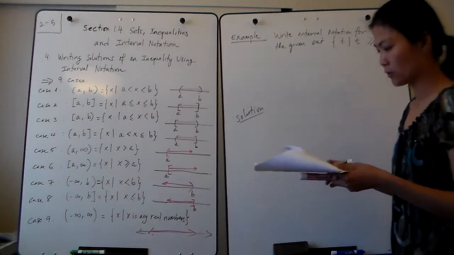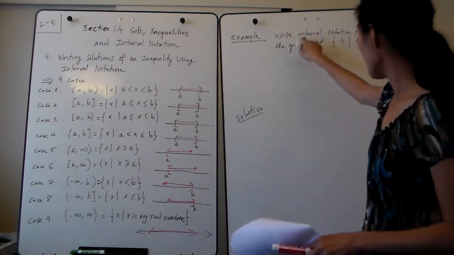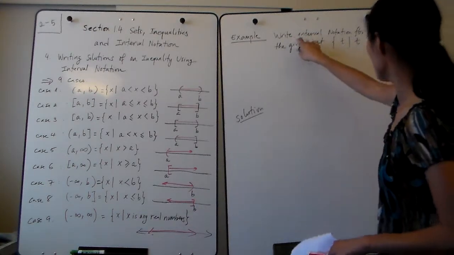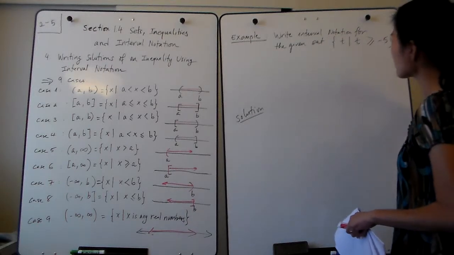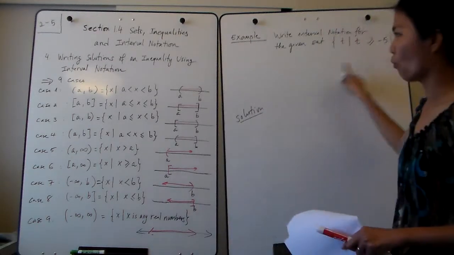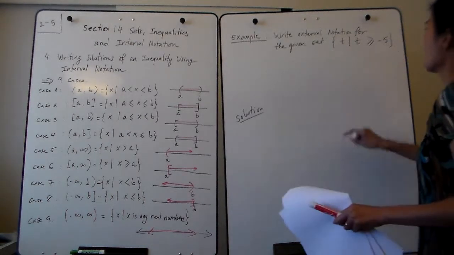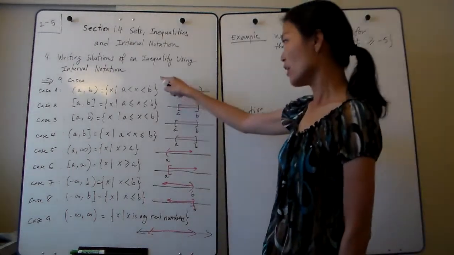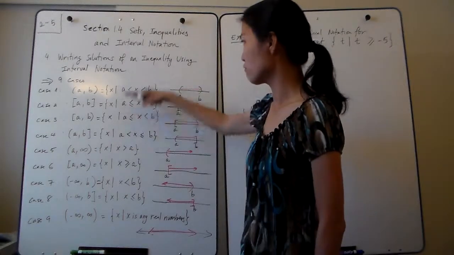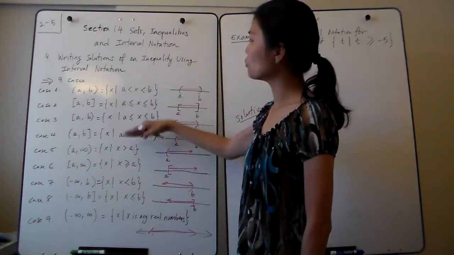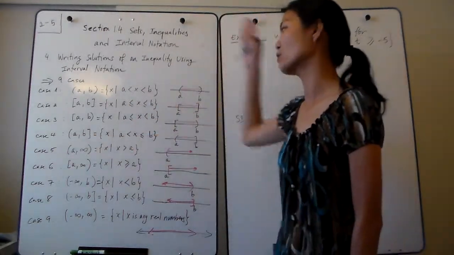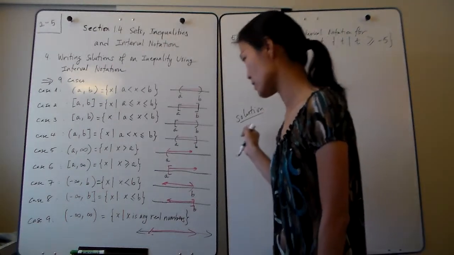Again, write the solution in interval notation. So which case is that? One of the 9 that has a similar form like this. All right, we know that it's not going to be the first 4, right? Because the first 4 are any solution between the left endpoint and the right endpoint.